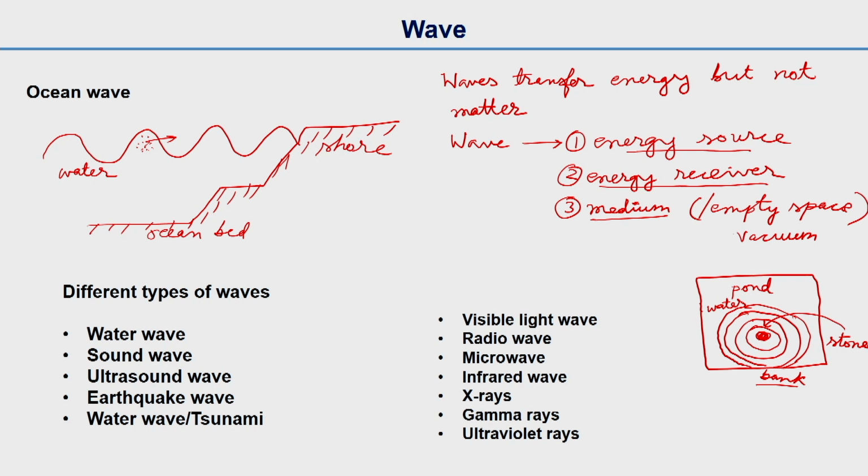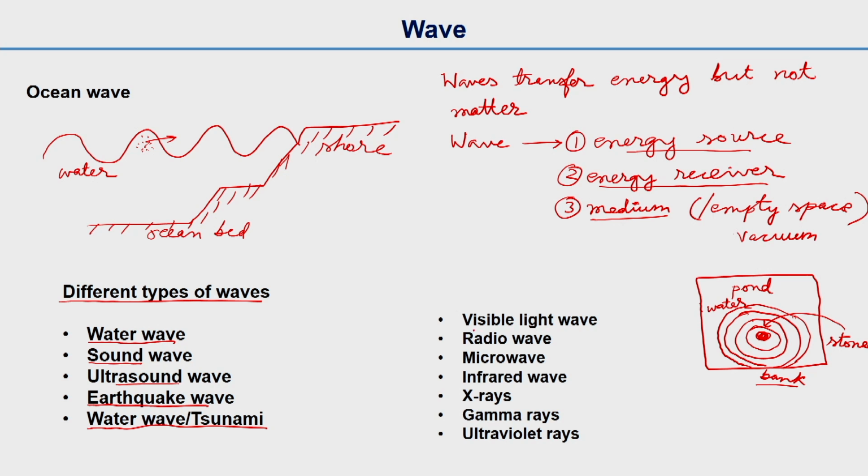If we talk about different types of waves, what we discussed is the water wave. Then there can be sound waves or ultrasound waves, and the earthquake wave. Big water waves we call a tsunami, which is produced from earthquakes.